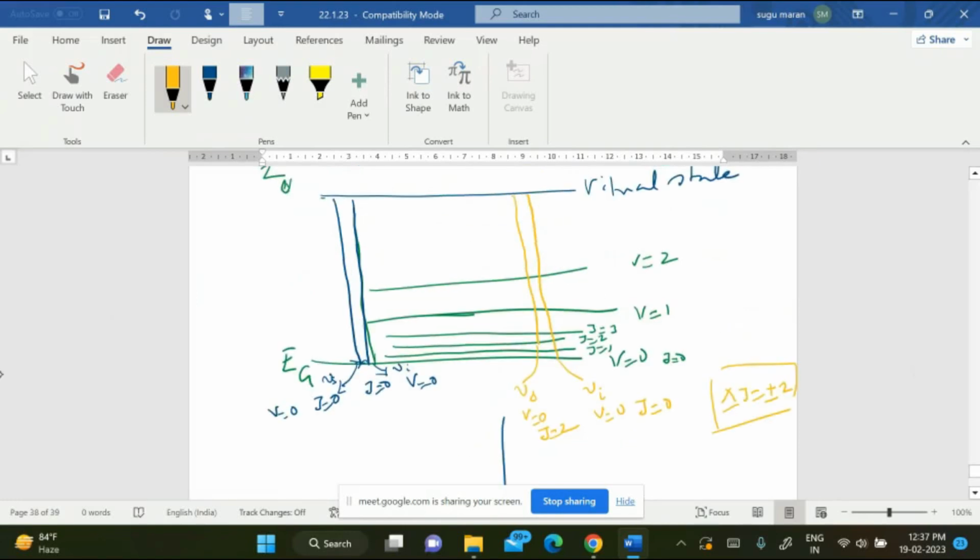Supposing a molecule with J is equal to 2 absorbs the energy, goes to the virtual state, and returns to the J is equal to 0 state. This is my incident radiation, this is my scattered radiation. V is equal to 0 for both, but J is equal to 2 initially and J is equal to 0 for the scattered radiation. Look at that, there is an increase in energy of the scattered radiation, by plus 2.